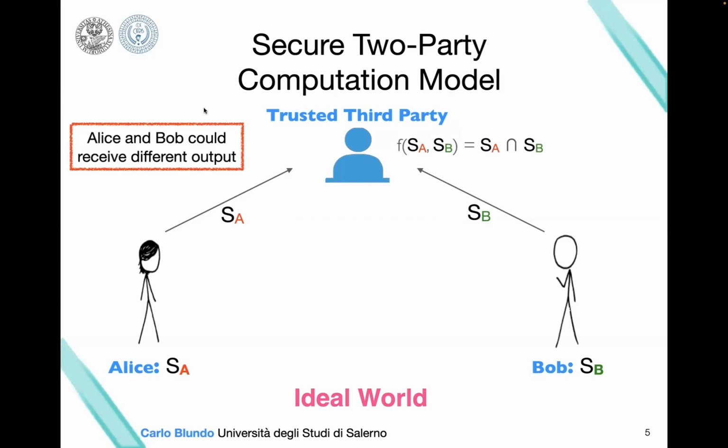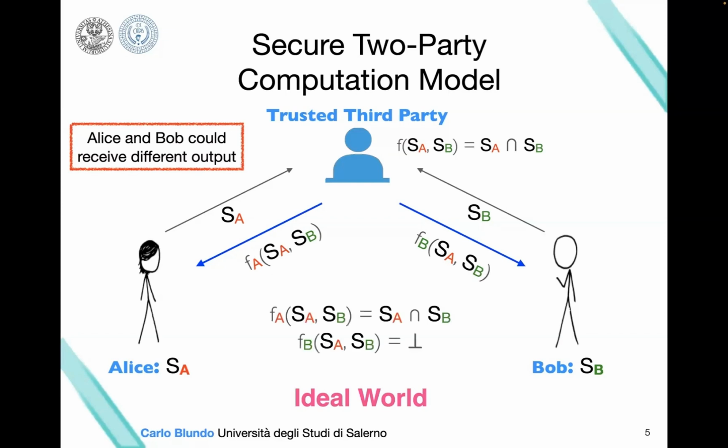In a more general scenario, Alice and Bob could receive different outputs. So we have two functions, FA and FB, that compute on the inputs SA and SB, and the value of FA is sent to Alice, and the value of FB is sent to Bob. In particular, we can model the functions FA and FB as in this slide.